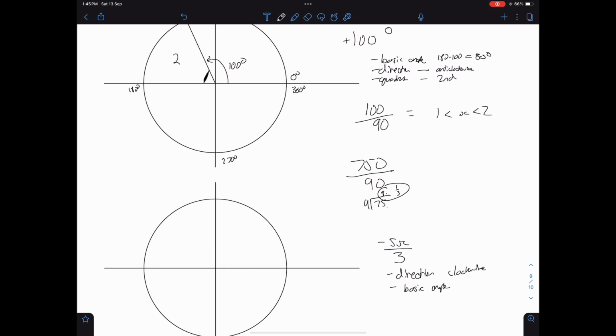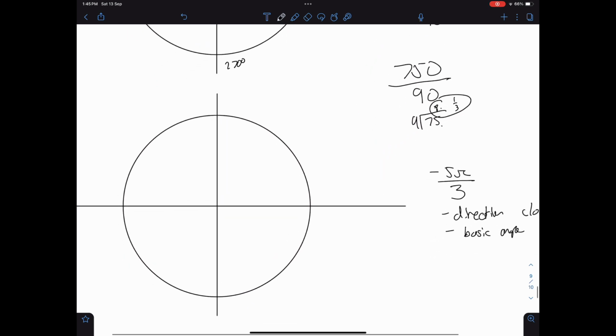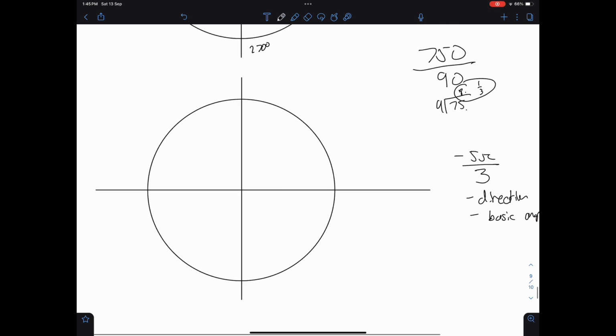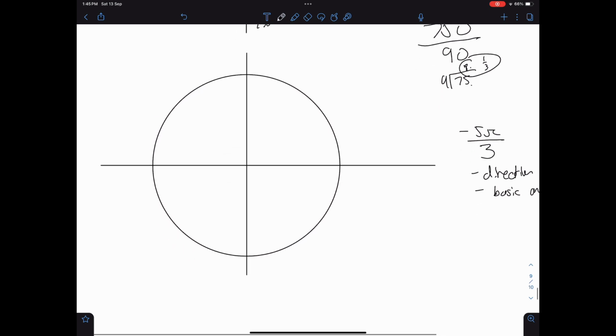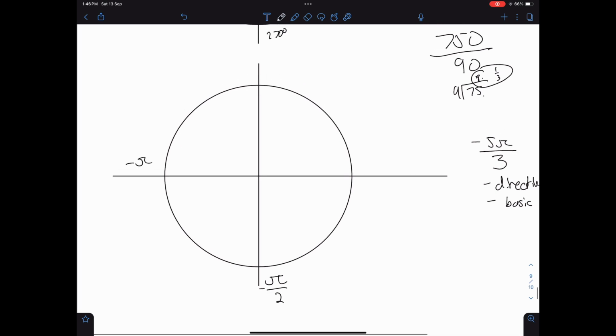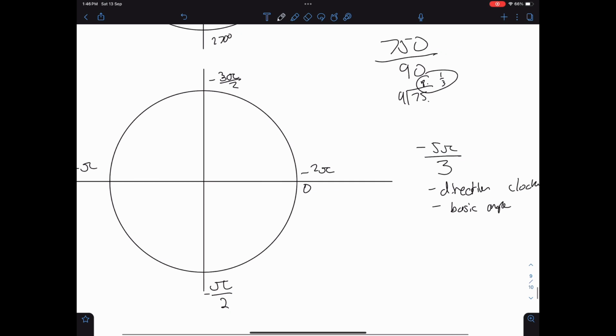For the basic angle, let's pull up the unit circle, and because we're going clockwise, I'll do it in negatives. This will be minus pi over 2, this will be minus pi, this is minus 3 pi over 2, and this is minus 2 pi, and also 0.